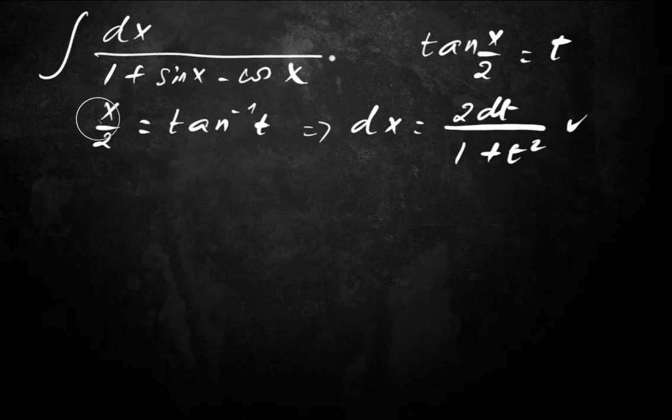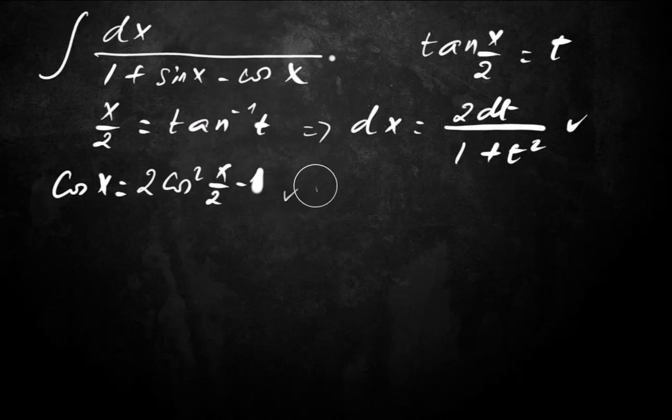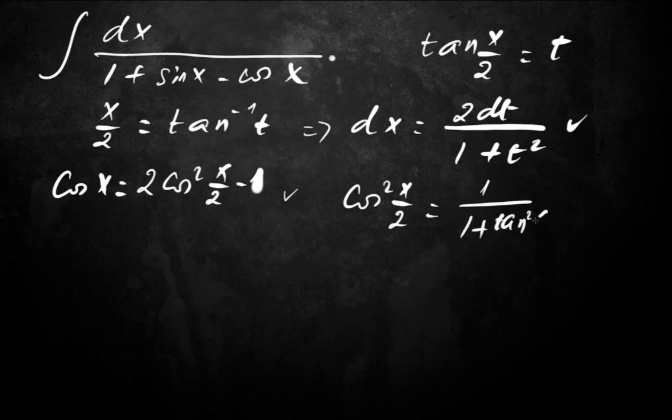Okay. Now let's concentrate on the quantity 1 plus sine x minus cosine x. We know that cosine x is 2 cosine squared x over 2 minus 1. But we know that cosine squared x over 2 is equal to 1 over 1 plus tangent squared x over 2.